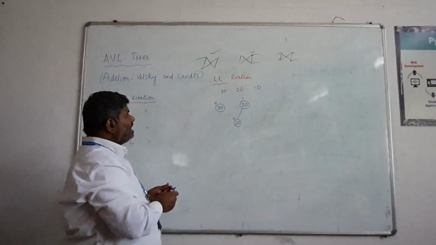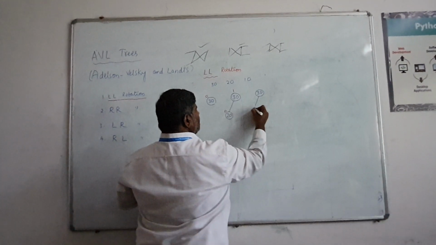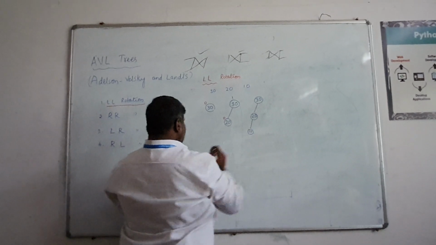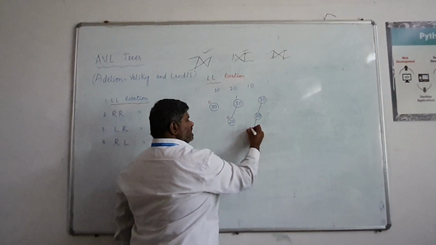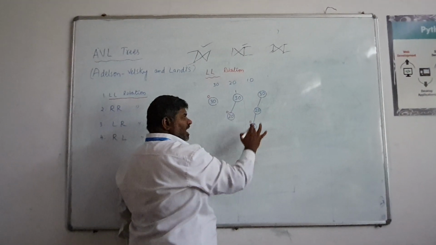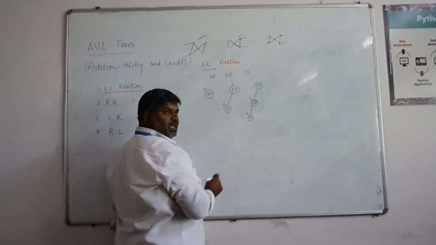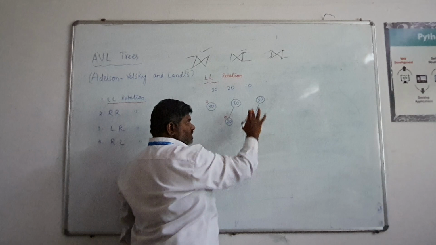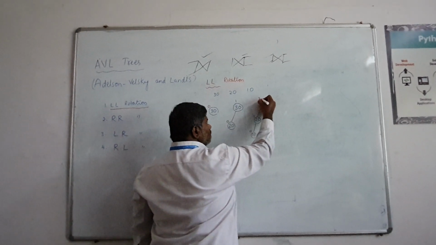Then the next element is 10. When we insert 10, see the balancing factors. For 10 it is 0. For 20, left side height is 1, right side height is 0, so 1 minus 0 is 1. For 30, left side height is 2, right side height is 0, so 2 minus 0 is 2.